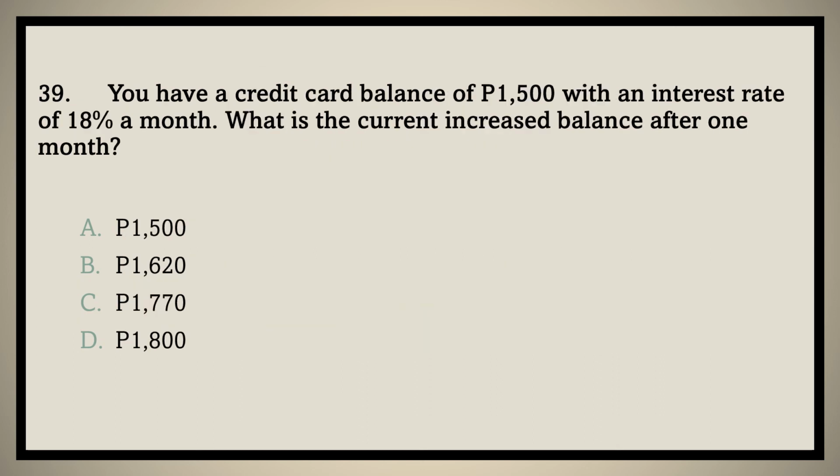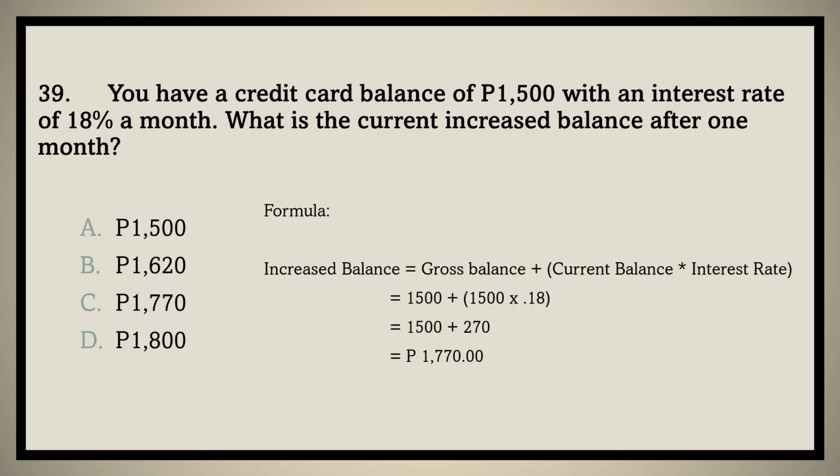You have a credit card balance of 1,500 pesos with an interest rate of 18% a month. What is the current increased balance after 1 month? A. 1,500 pesos. B. 1,620 pesos. C. 1,770 pesos. D. 1,800 pesos. To calculate the increased balance after 1 month on a credit card balance of 1,500 pesos with an interest rate of 18% per month, we can use the formula.